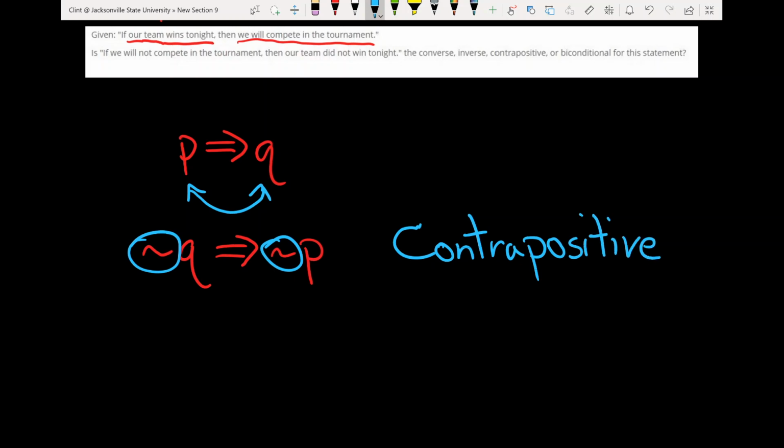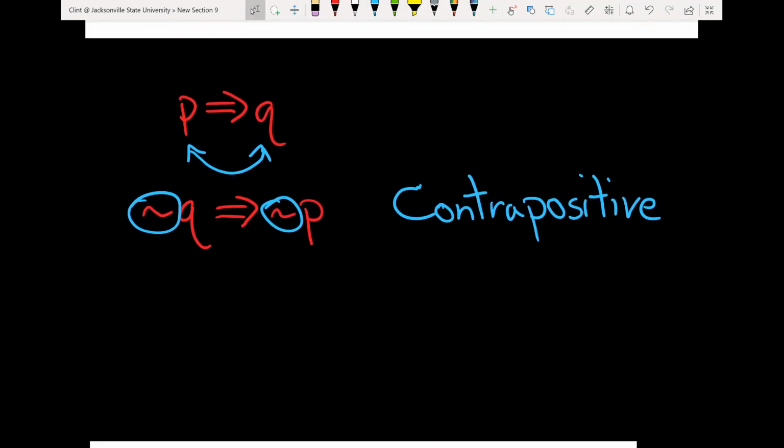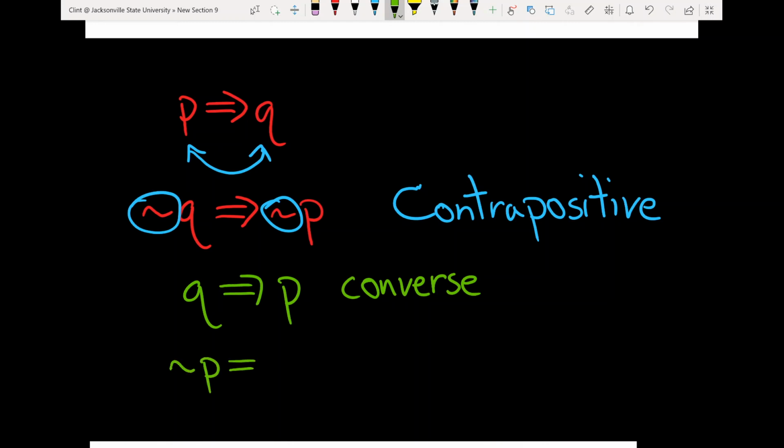So what would the other ones be? If we just switched them and did not negate them, so if we just had Q then P, that would be the converse. If we just negated each one but didn't switch their places, that's the inverse.